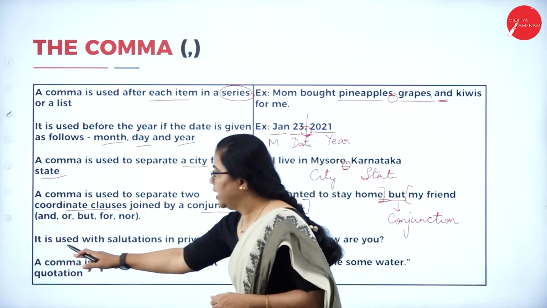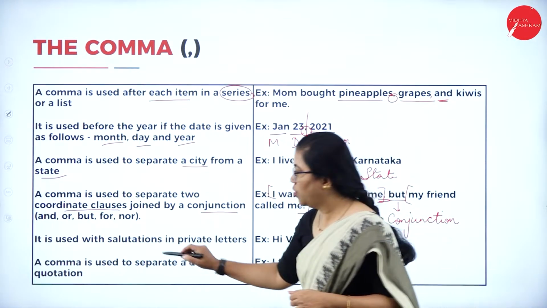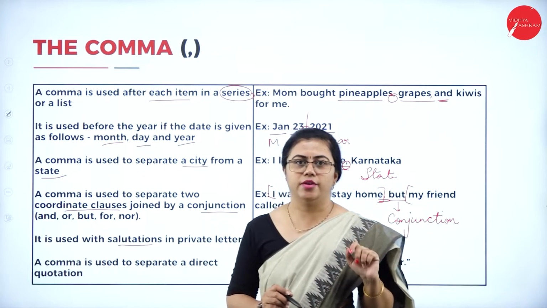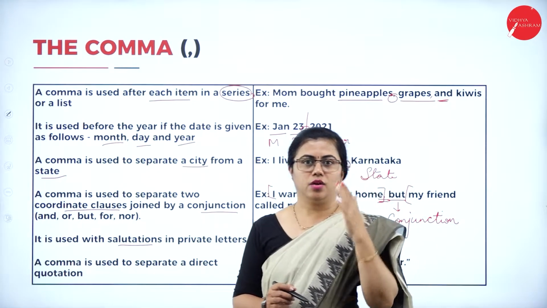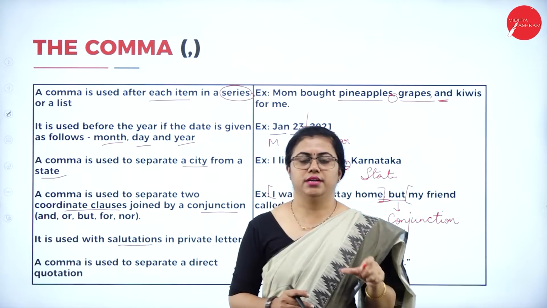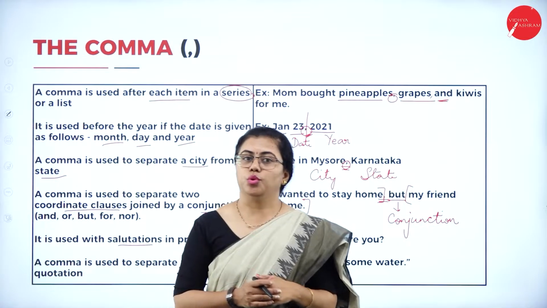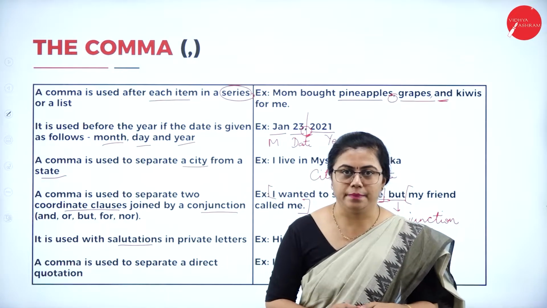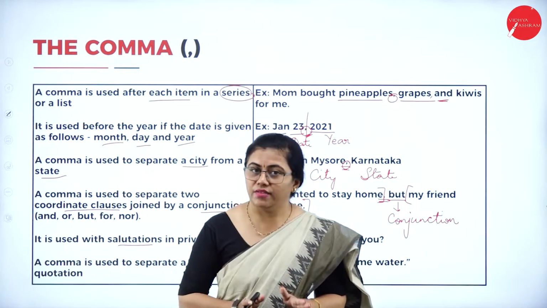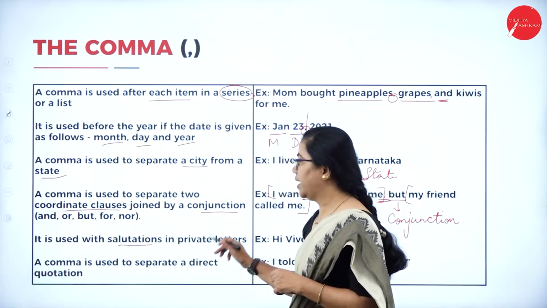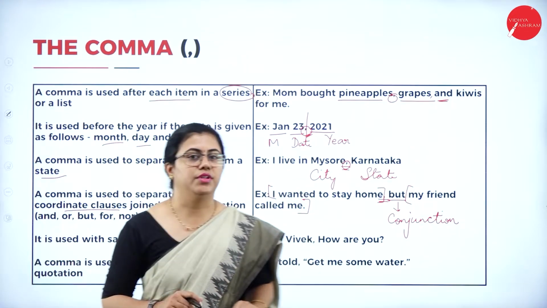Then it is used with salutations. What is a salutation? How you address a person is called a salutation. You have it in letter writing, like how you start the letter and address that person. Suppose you are writing to your principal, you write "Dear Sir or Madam." Suppose you are writing a private letter, then also you use this. Whenever you are writing private letters, you use a comma after the salutation.